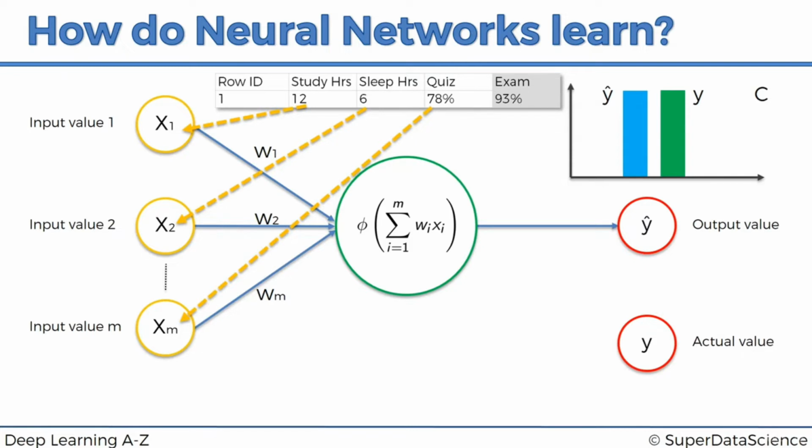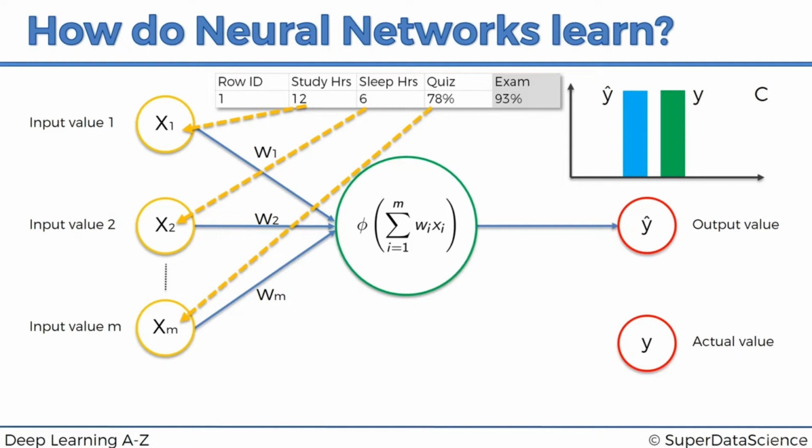So we have a data set of one row where, for instance, the variable that we're predicting is what results you're going to get on an exam, and the independent variables are how many hours did you study for, how many hours did you sleep, and what did you get on the quiz in the mid-semester. So in the middle of the semester, there's a quiz, what percentage did you get there? So based on those variables, we're trying to predict what score you'll get for the exam.